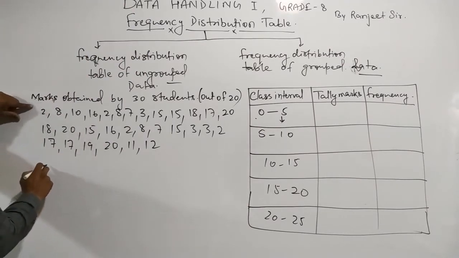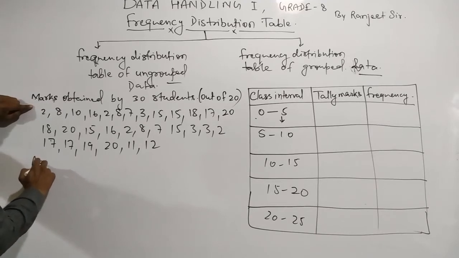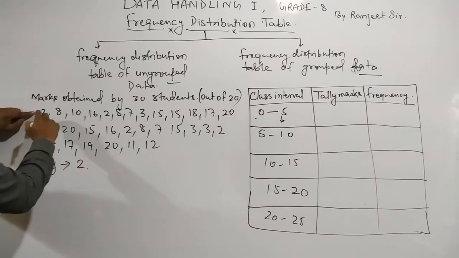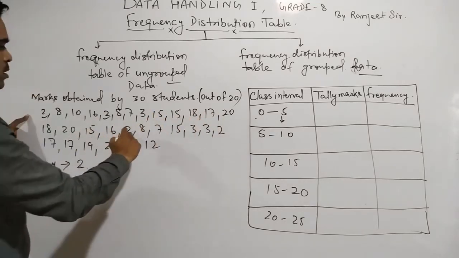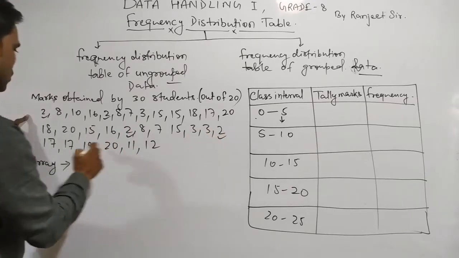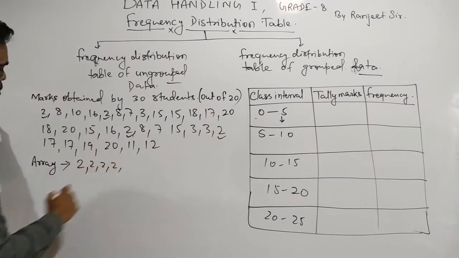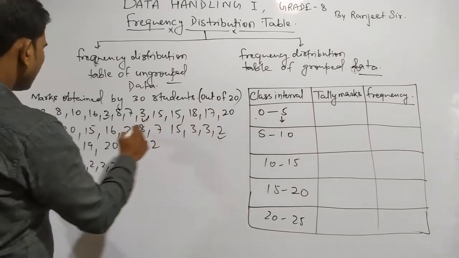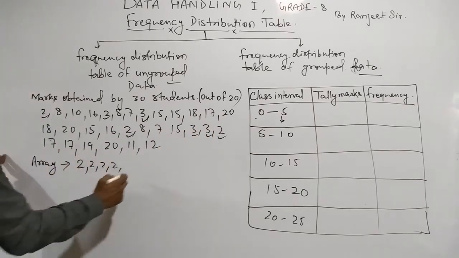The smallest one is 2 only. So 2 is there 4 times, so 2, 2, 2, 2. Then 3 is also there.